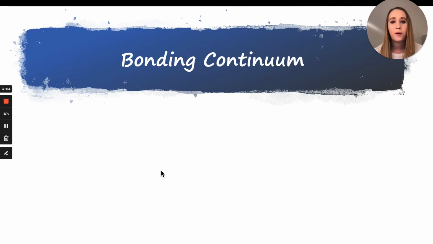Okay, so we should be familiar from Nat 5 and from the elements topic with some of the properties, a kind of general structure of these different types. But as often with higher chemistry, this topic is building on what we already know from Nat 5. So one of the first things we would have looked at in this topic is something that we call the bonding continuum.